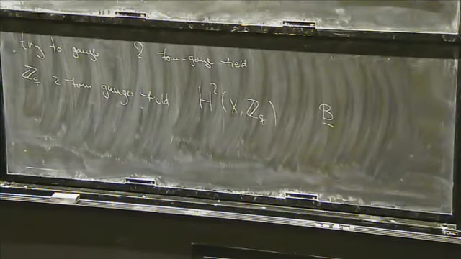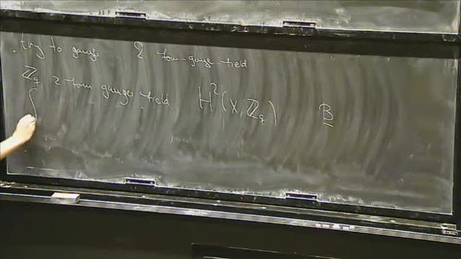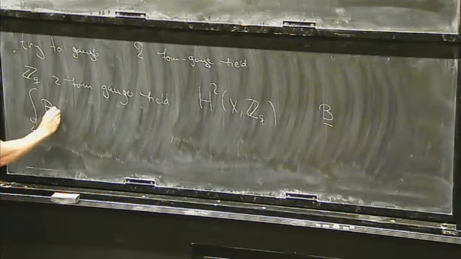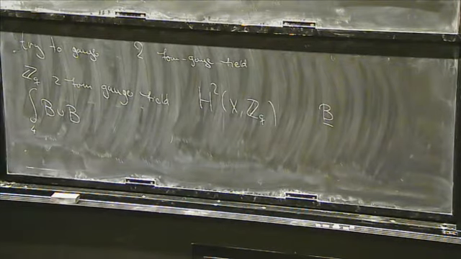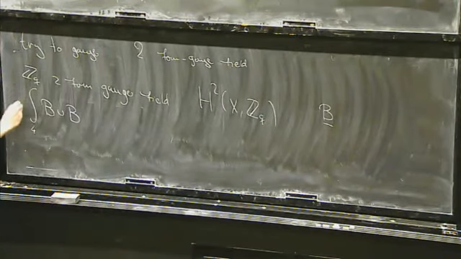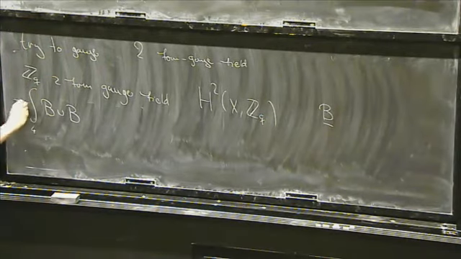As the anomaly inflow procedure has taught us, it's enough to classify possible four-dimensional actions, which involve B, a pure classical functional for a two-form gauge field. What you can write is B cup B, where cup is the usual cup product between objects in this cohomology. And now the claim is that you can put 1/q here, and then any integer p.